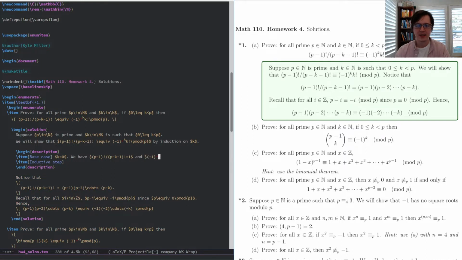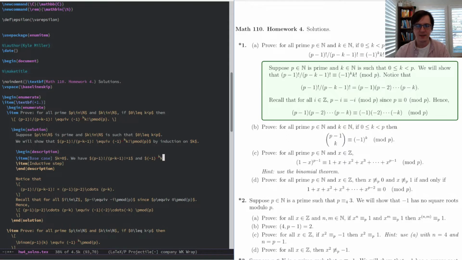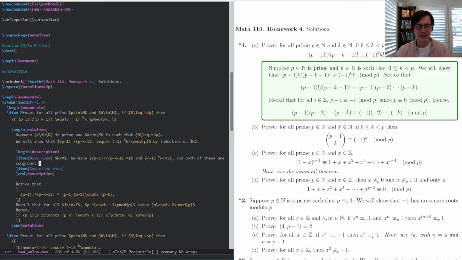And minus 1 to the k factorial, so it's 1. So both of these are congruent mod p since they are equal, because equality is the stronger notion.